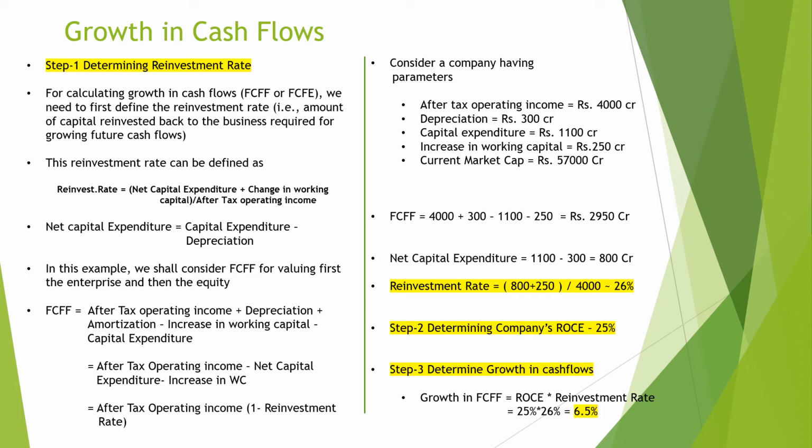So the reinvestment rate is net capital expenditure plus change in working capital, that is, whatever the delta is in working capital from the previous year. Those are the investments the company has made, taken as a part of total operating income or after tax operating income. Once we get this number, we arrive at the reinvestment rate.